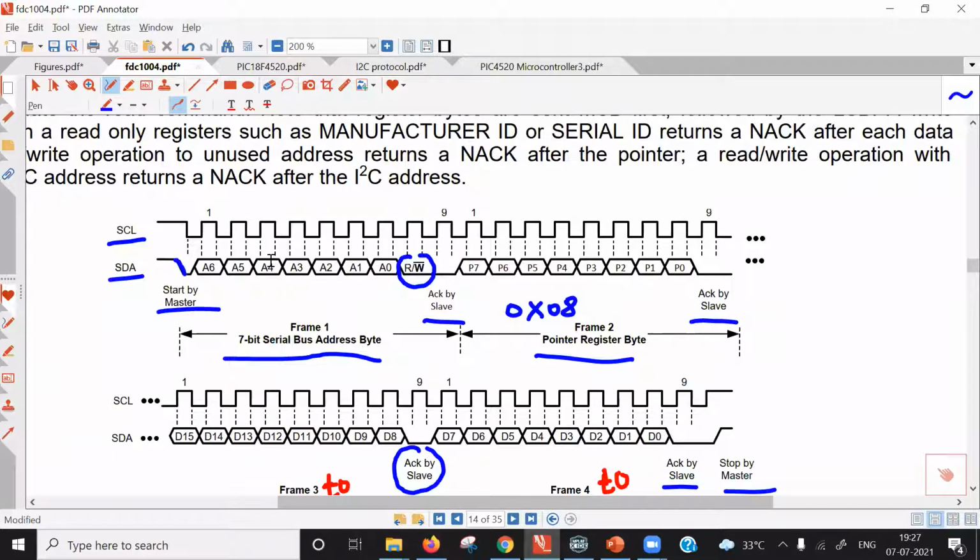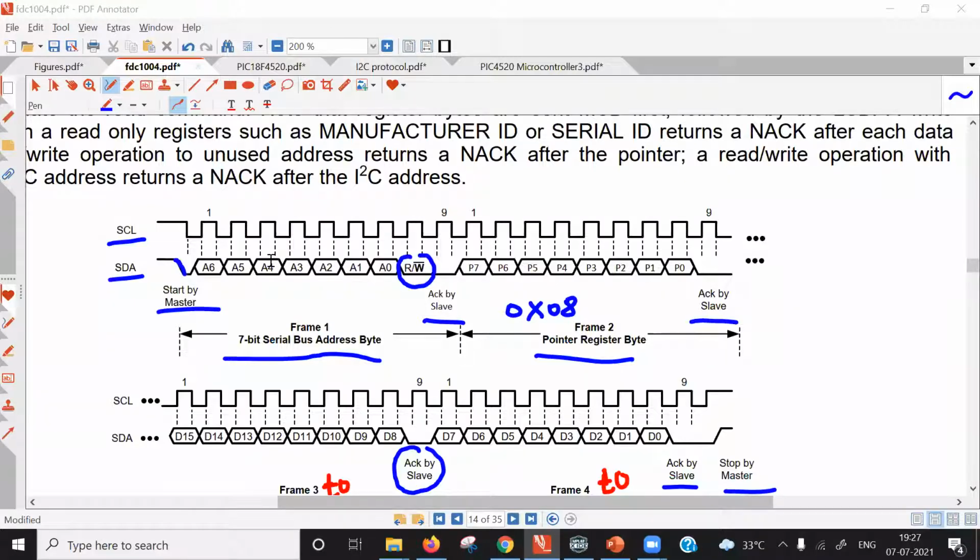The next question: the read/write bit present at the end of the 8 seems larger in size compared to the other 7 bits; there is slight confusion, I think. What I told you is that data transmission is always in 8 bits, and data reception is always in 8 bits. Initially we must transmit the address, and in 7-bit addressing mode we transmit 8 bits.